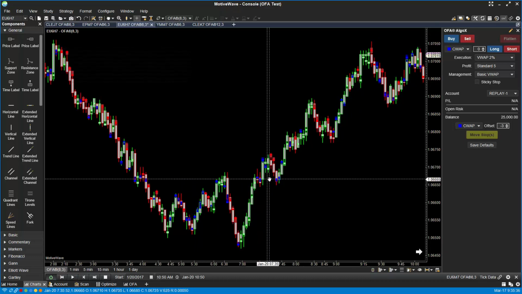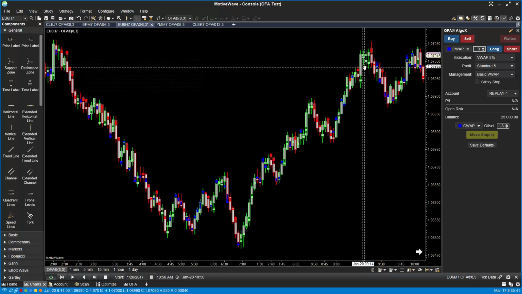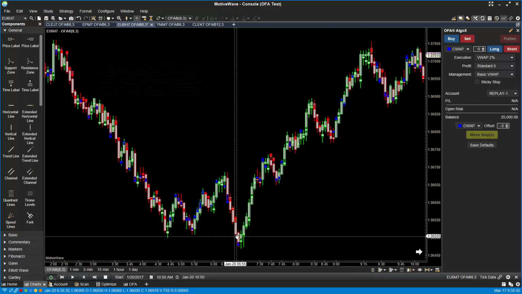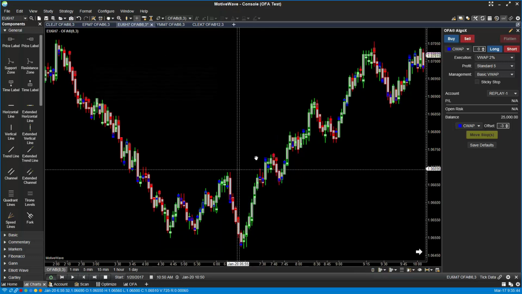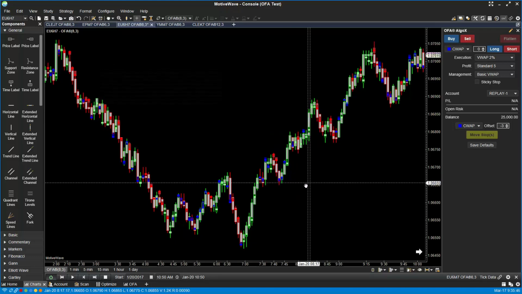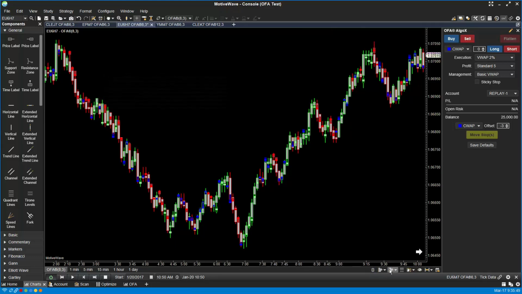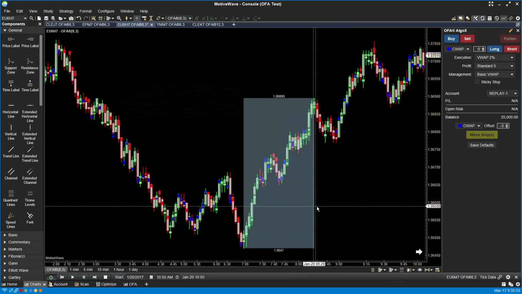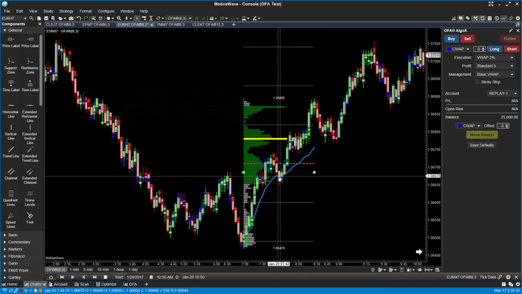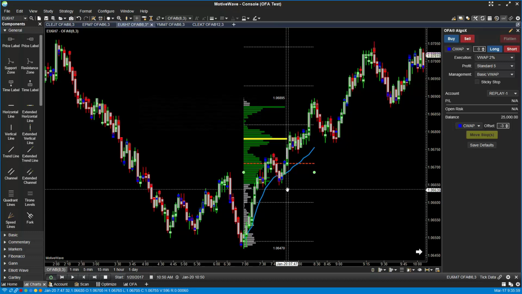the volume weighted average price being broken and traded through tells us that perhaps we should be looking in the other direction. We start seeing higher lows and higher highs. So we want to try to capture this as a trend-based trade and find those opportunities where we're crossing the CWAP and not crossing the VWAP.